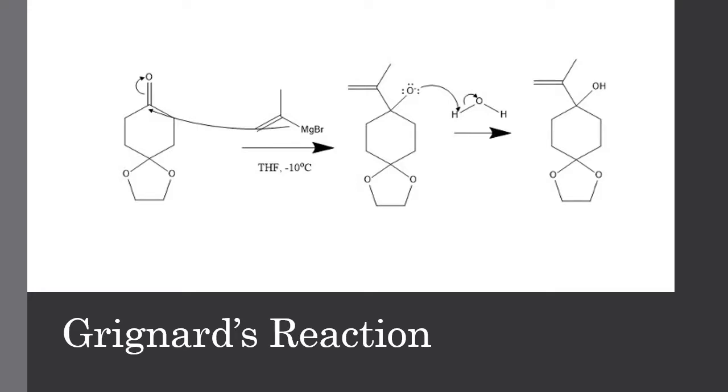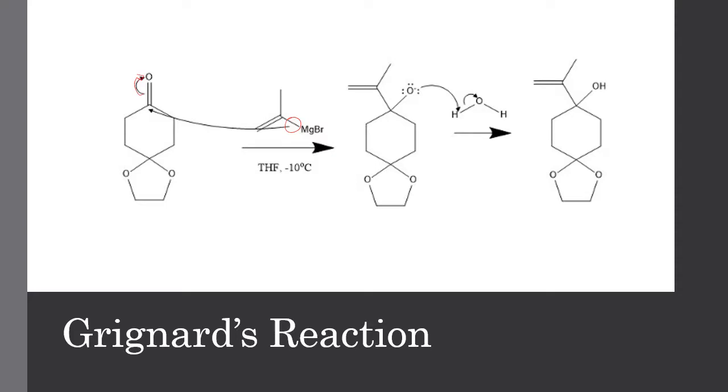So the first mechanism that I'm going to go over, or the first reaction, is going to be a simple Grignard reaction. So we're going to start with the bond between the carbon and the magnesium bromide, and it's going to attack the electrophilic carbonyl carbon and push the electrons from this double bond here onto the oxygen.